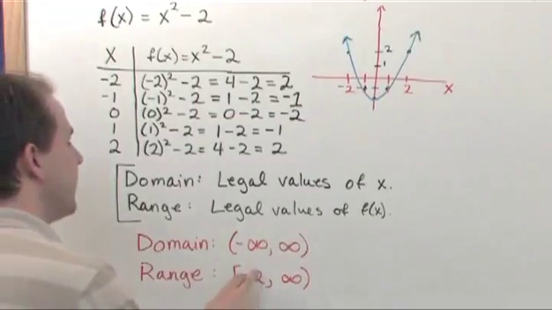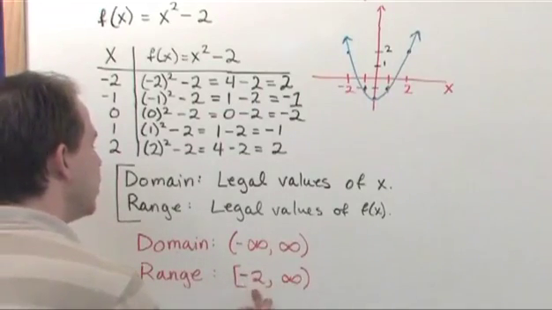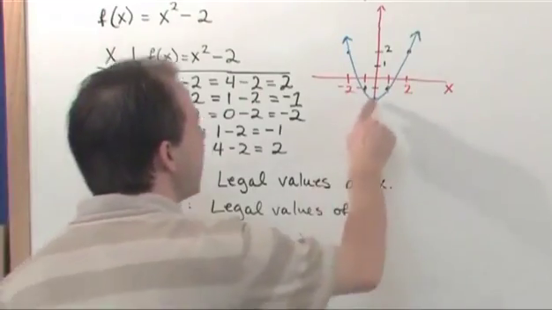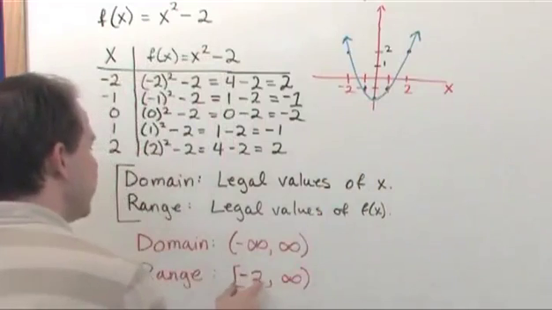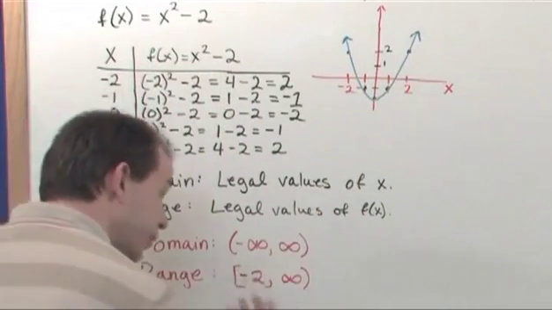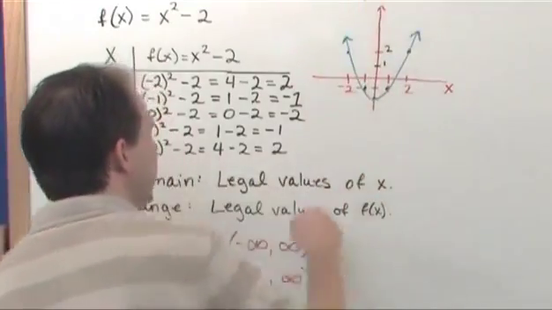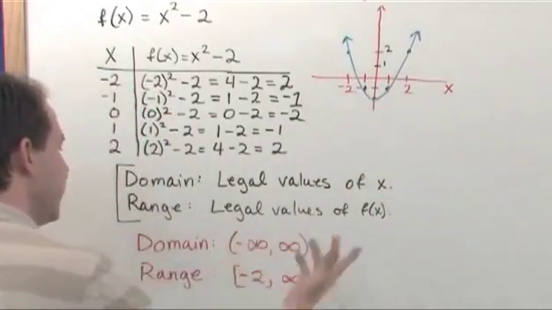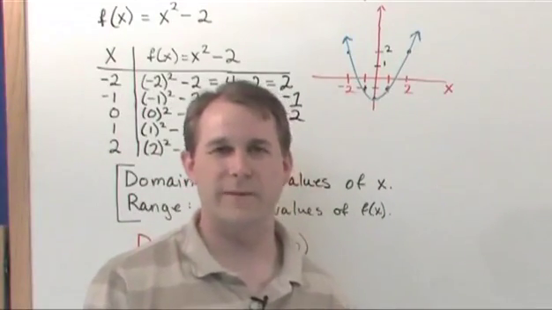This means that this function's range is -2 to infinity, inclusive of -2, because the actual function does go through -2. So the legal values of f of x go from -2, including -2, all the way to +infinity, but the parentheses are around the infinities because you can't ever actually get to infinity.